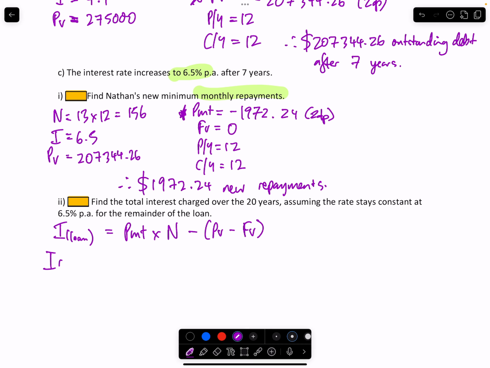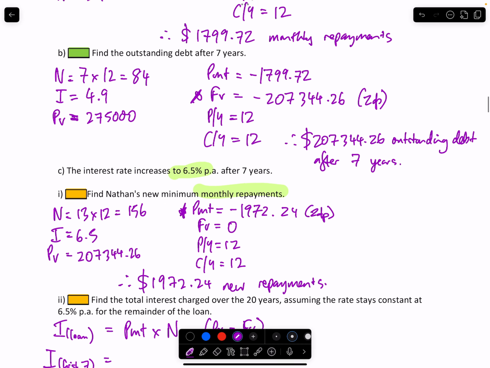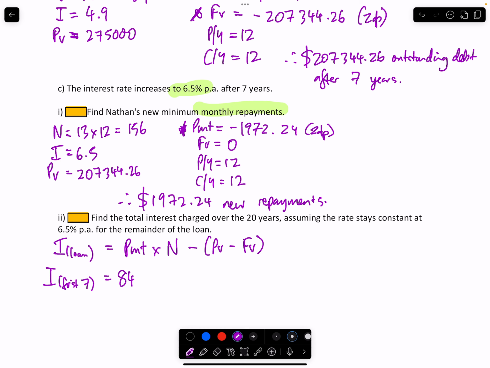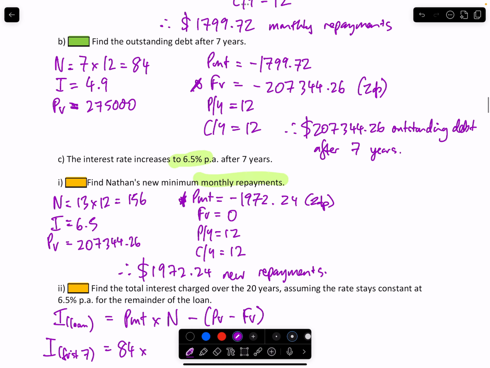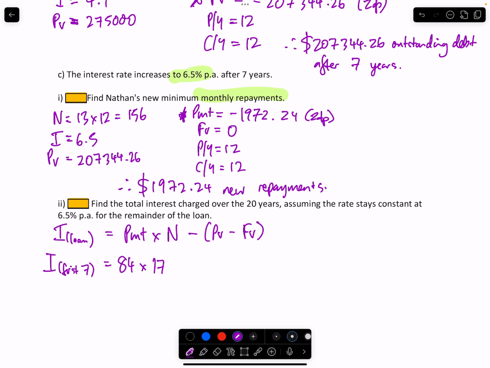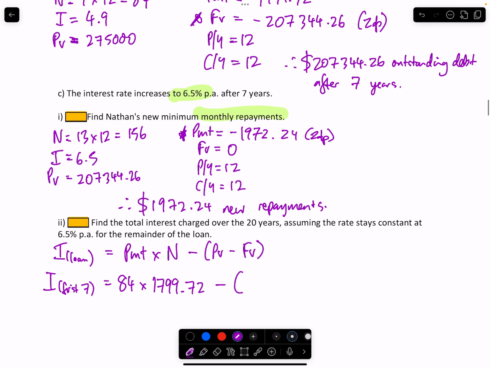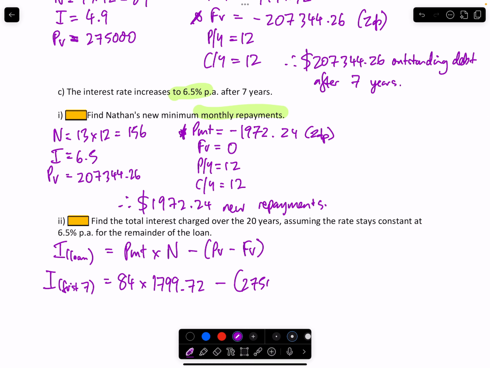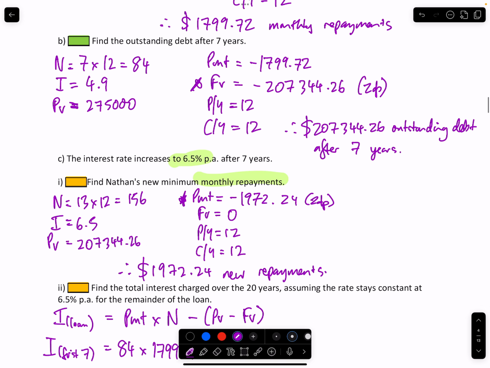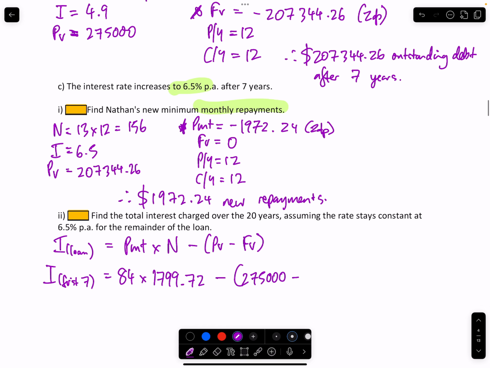So now let's find the interest in the first 7 years. He made 84 payments of 1799.72, and they're taking away. Started off the debt at 275,000, but he got the debt down to, is it a he? Nathan? Yeah, well, let's hope so. 207,344.26.